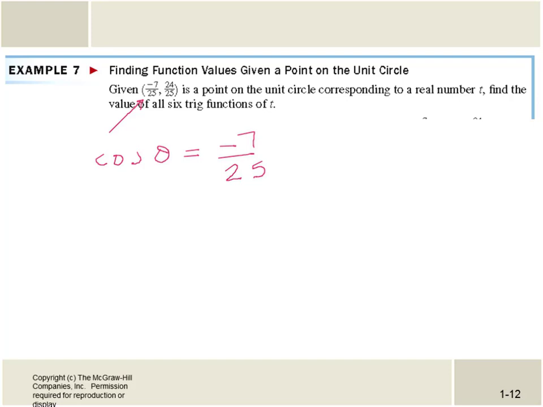Is there an easier way to remember that cosine is x and sine is y? Is there an easy way? Okay, how about C comes before S, and it's an ordered pair? I mean, that's the best I got.